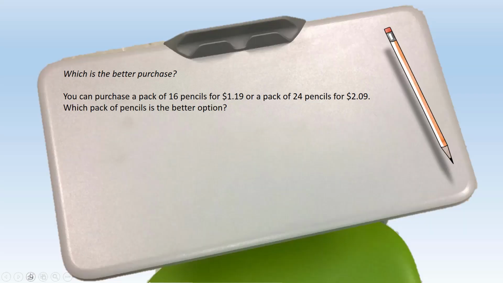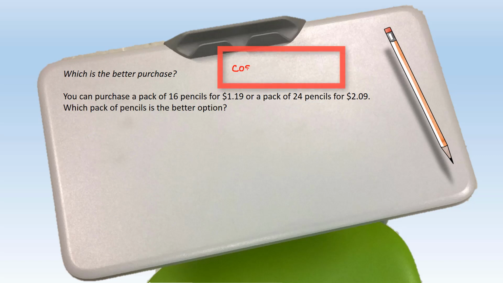Now, this problem doesn't explicitly state what is going to be our denominator or what the value of 1 should equal. So for this, what we're trying to figure out is the cost. We want to know the cost per pencil.